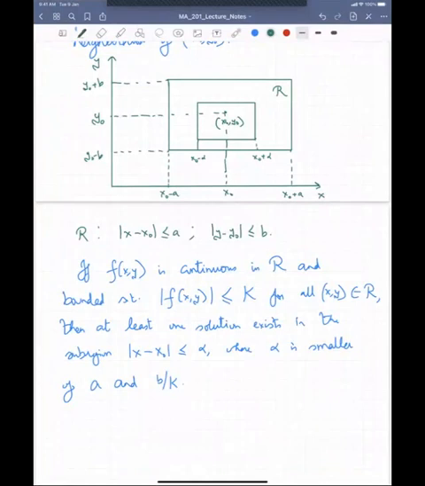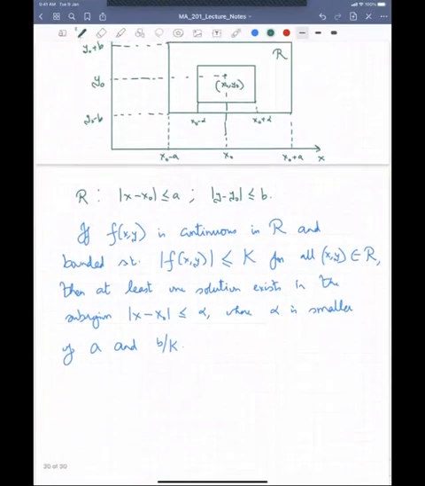Now, alpha could be as big as a itself if you looked at your differential equation and chose the rectangle carefully. But in many cases it could be much smaller than a if you did not choose the rectangle carefully. So all this theorem tells you is that there is some neighborhood around x0, y0 in which a solution exists.